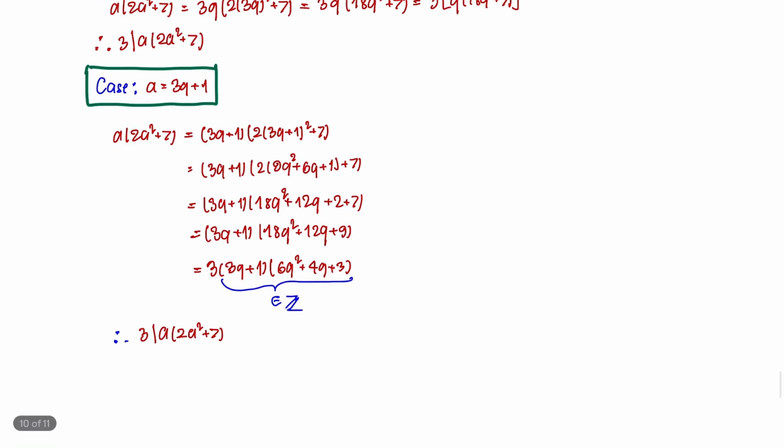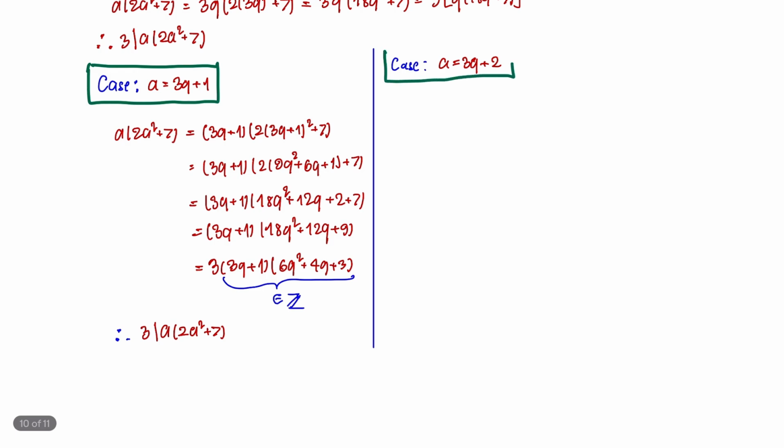Let's go to another case. The last case is the case where a equals 3q plus 2, the case where a has the remainder of 2 when it is divided by 3. So let's start with a times (2a squared plus 7), and we plug in 3q plus 2 for a.